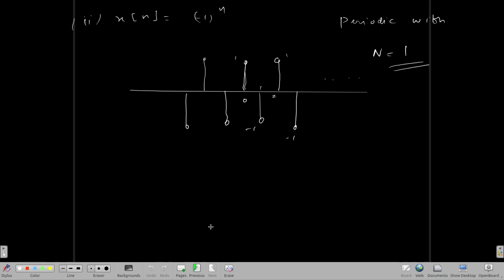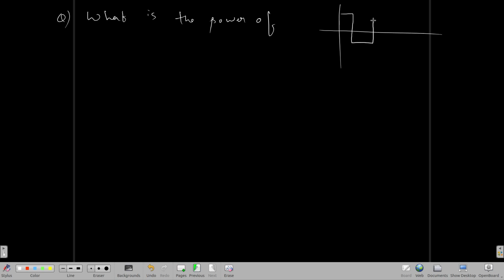Okay, so now let's see two questions regarding the power and energy of signals. The first question is, what is the power of this particular signal?